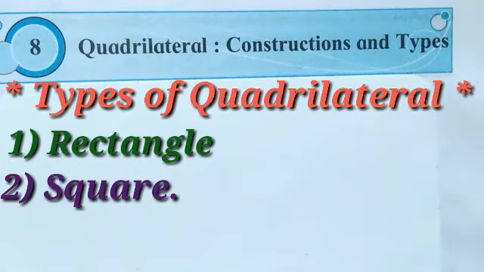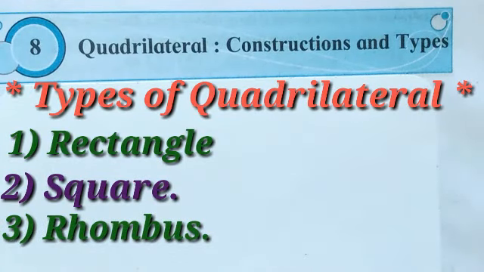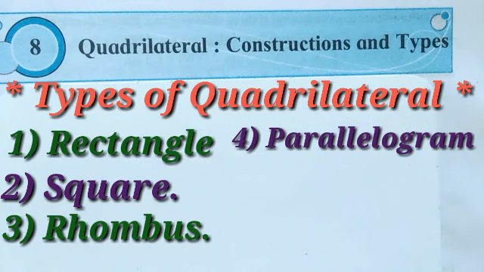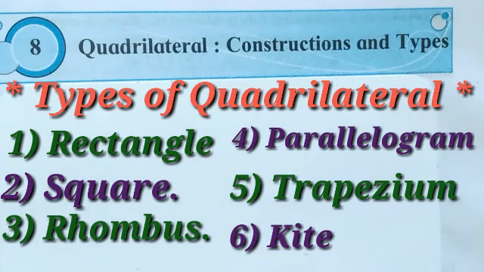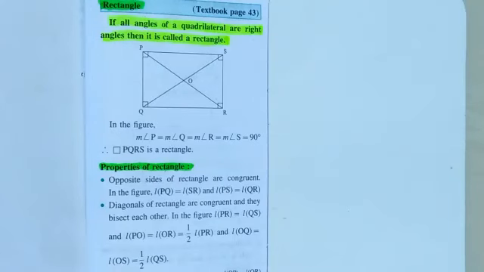The other important types of quadrilaterals are rhombus, parallelogram, trapezium, and kite. All these types of quadrilaterals we are going to study in detail step by step. Let's see the first type of quadrilateral, that is rectangle.